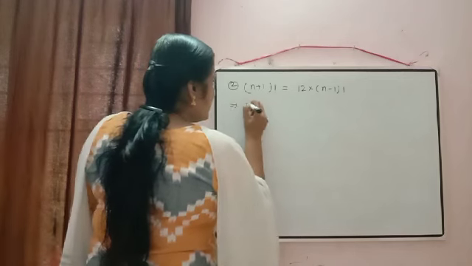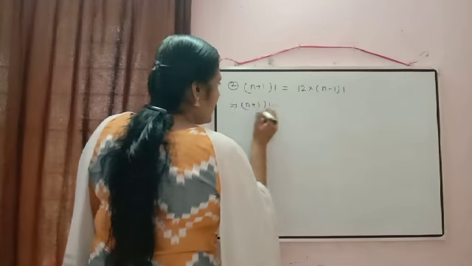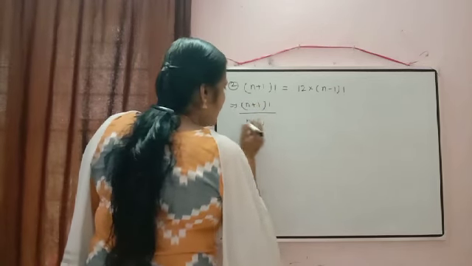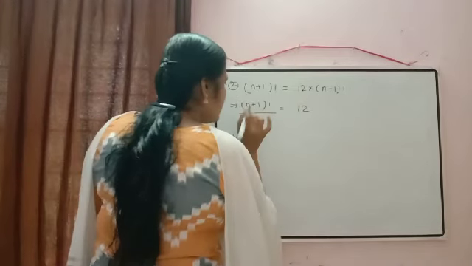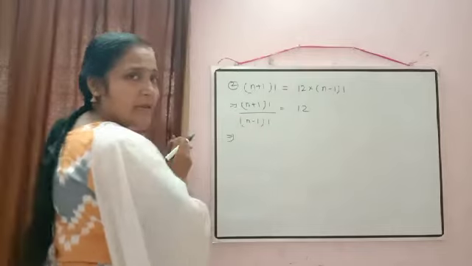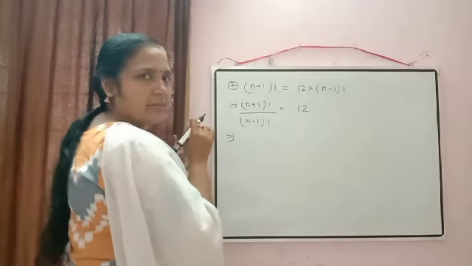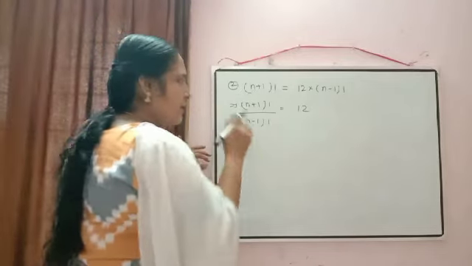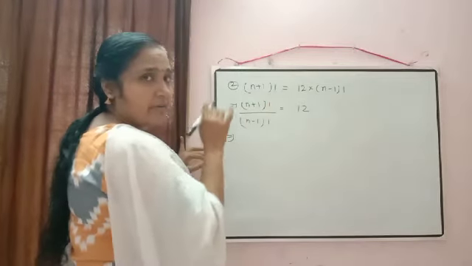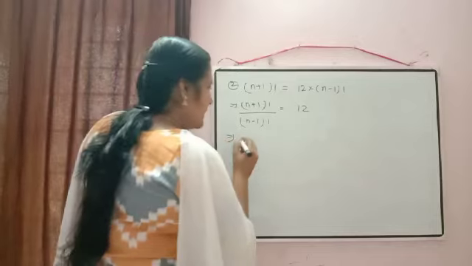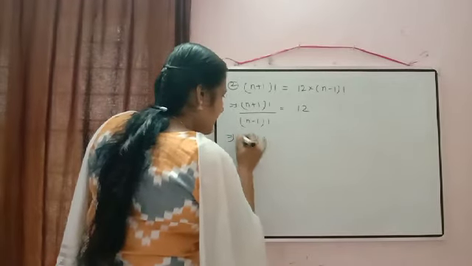Then it will be n plus 1 factorial by n minus 1 factorial is equal to 12. Now just to check which one is greater, n plus 1 or n minus 1. Obviously n plus 1 is greater. So now again we are going to reduce it by 1 till we are getting n minus 1 factorial in the numerator. So first one can be written as n plus 1 only.